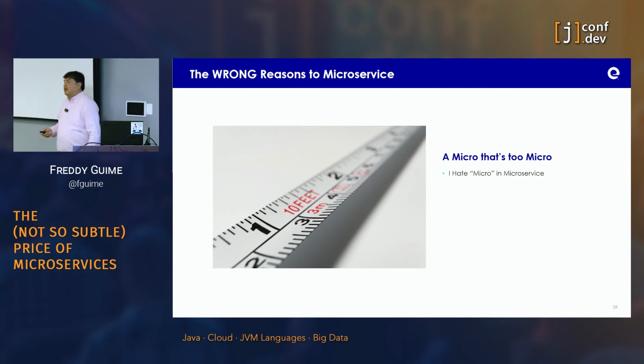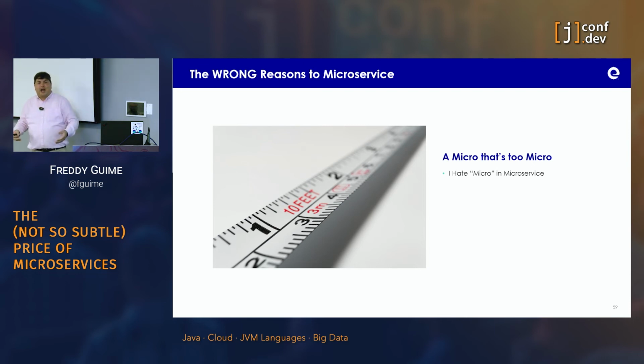The problem, and I hate that word microservice, is that nobody quite understands what the definition of micro is, right? You do get things like a service that just tells you what other service you need to consult. Oh, because it's single responsibility, right? Yes, but the single responsibility can be a little big.